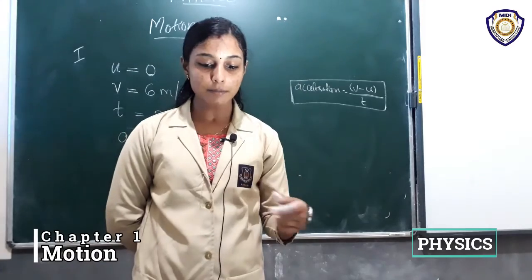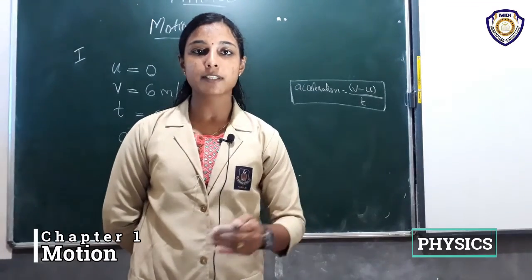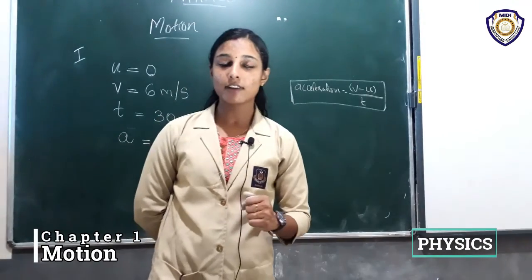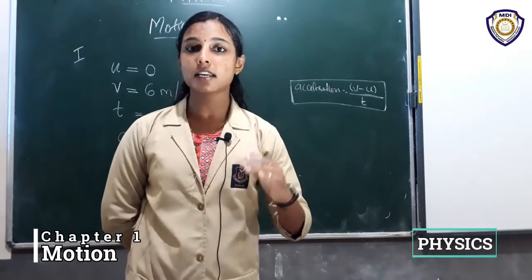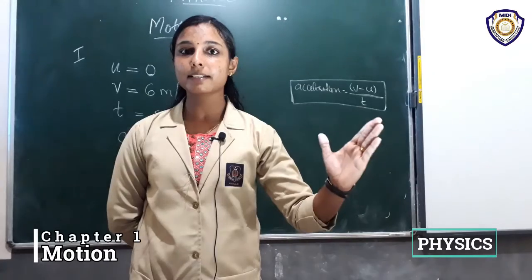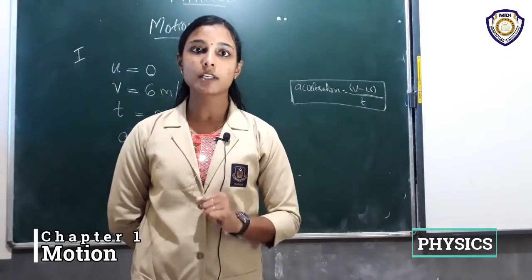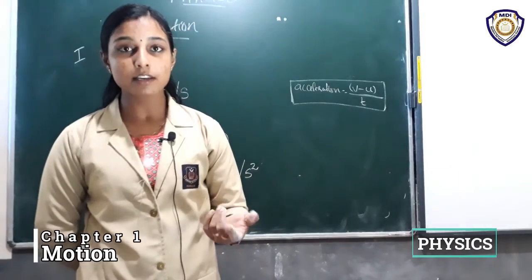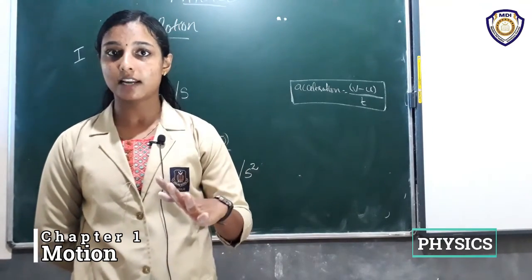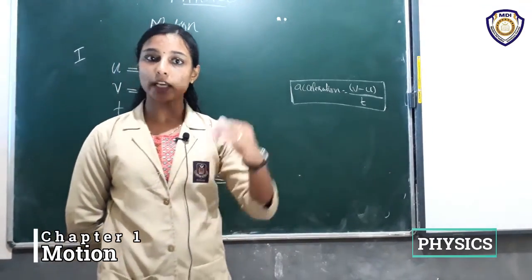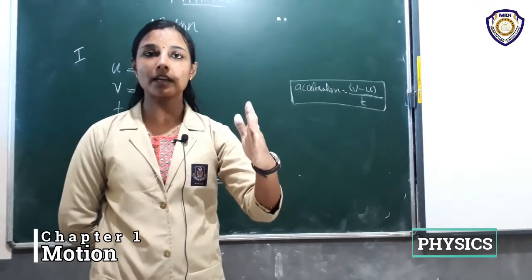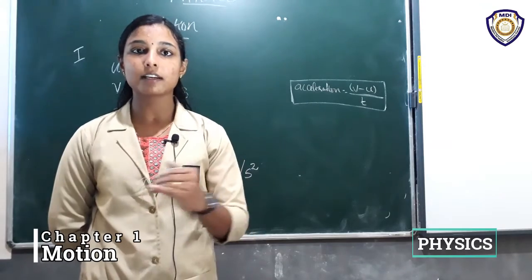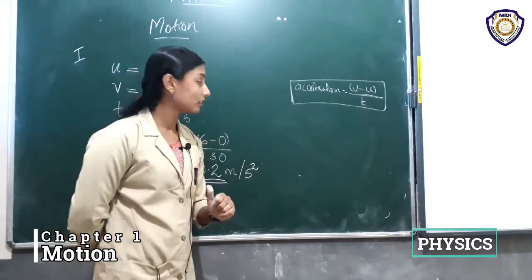The bicycle comes down to 4 meter per second, that is, the velocity decreases from 6 meter per second to 4 meter per second. That happens in the next 5 seconds, within a time of 5 seconds.